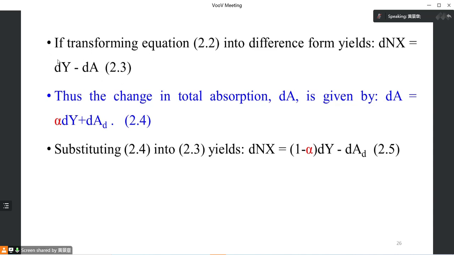We name this equation 2.3. Thus, the change in total absorption dA is given by dA equals alpha dy plus dAd.